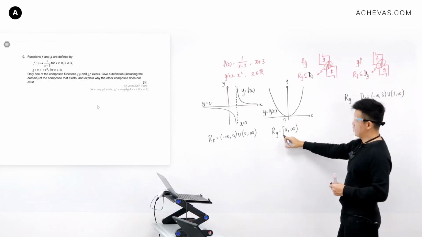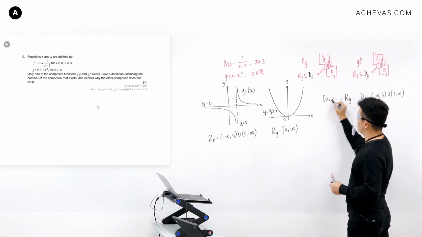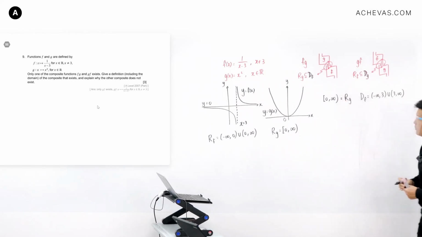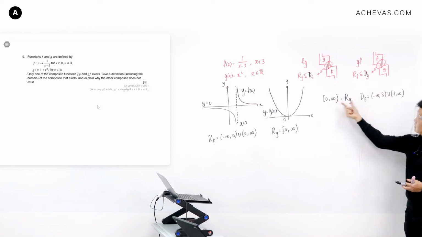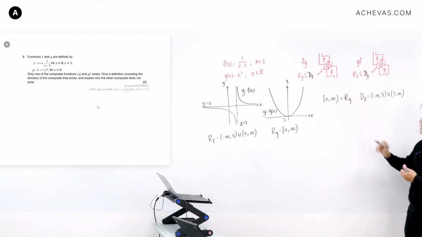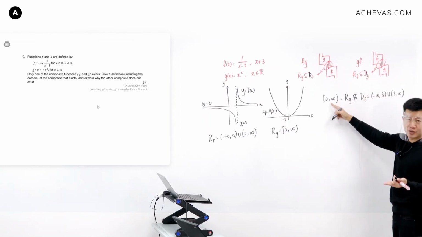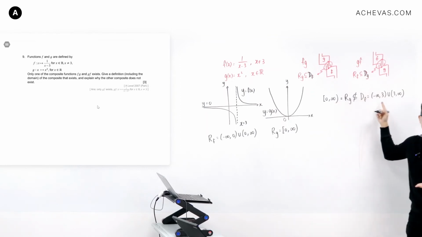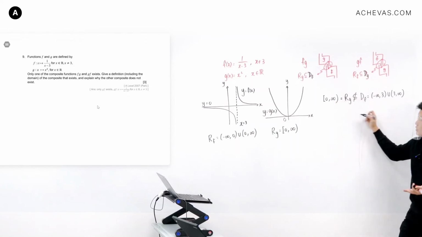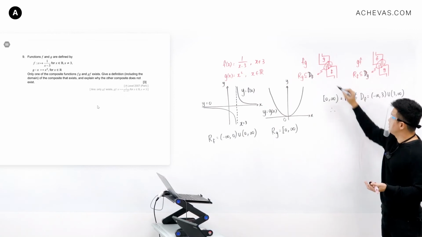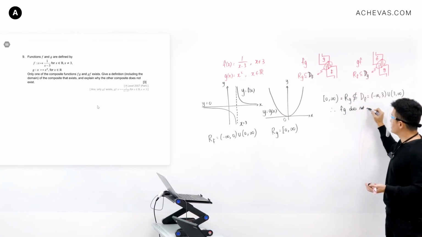I've already gotten it from my graph. The range of g is from 0 all the way until infinity. Is this set of values a subset of this set of values? It is not a subset because here contains 3, and 3 obviously cannot go into here. So therefore, I will say that the composite function fg does not exist.